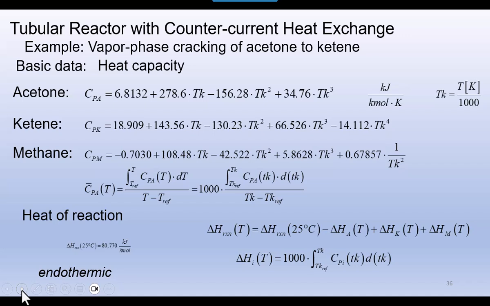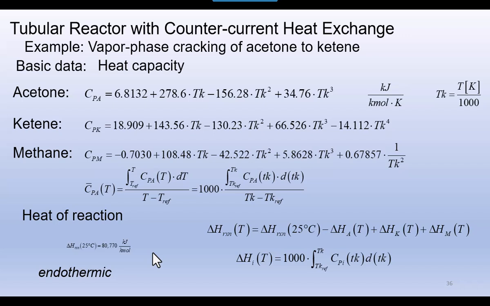And then we have our formula for average heat capacity here in the middle. And then we can scale that to our TK, scaled temperature, by including a factor of 1,000 here. The heat of reaction, a little bit small on the slide, but it's 80,770 kilojoules per kilomole. And that's at 25 degrees.